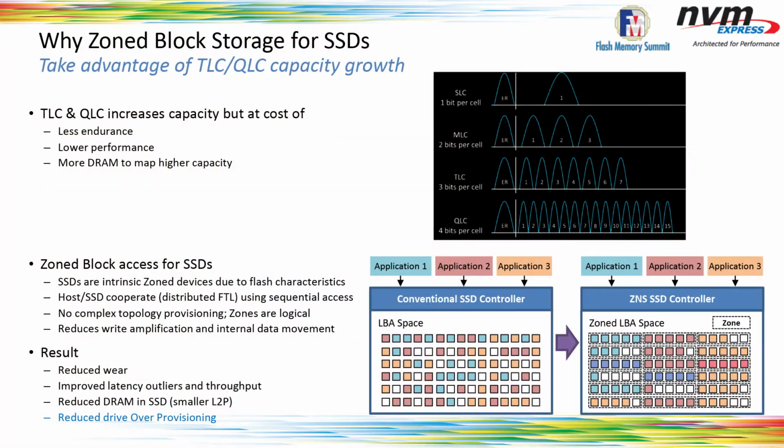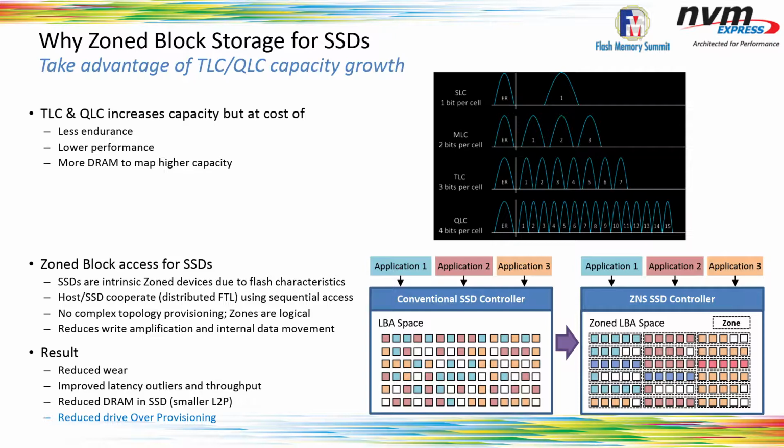Now, why do we want a zoned model for SSDs? Well, kind of the same reason. It's to take advantage of higher capacity. In particular with quad level cell flash, as we increase the bit density in flash, we're managing more narrow voltage levels, and the errors get more prominent, and write performance gets lower.